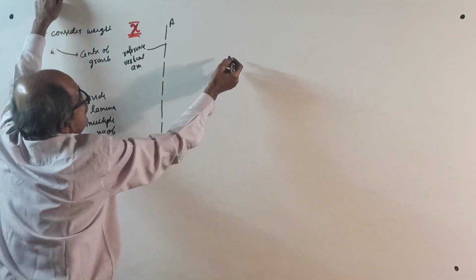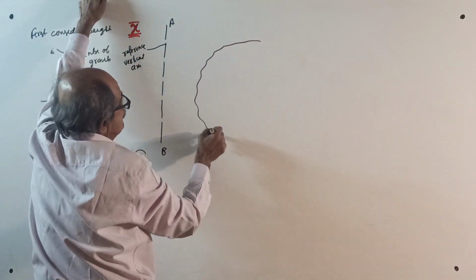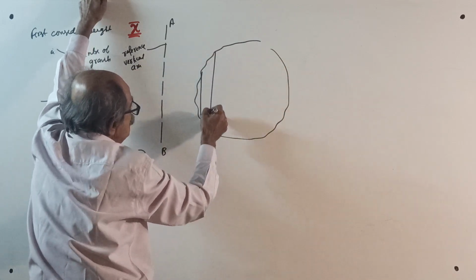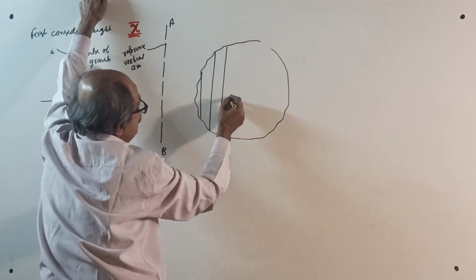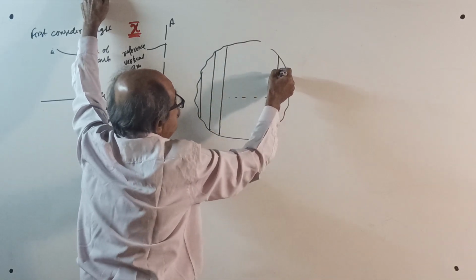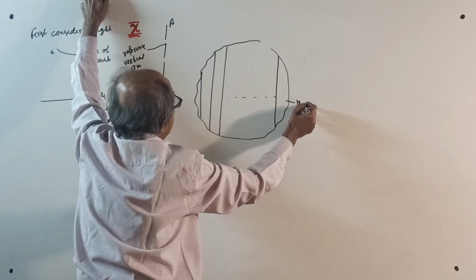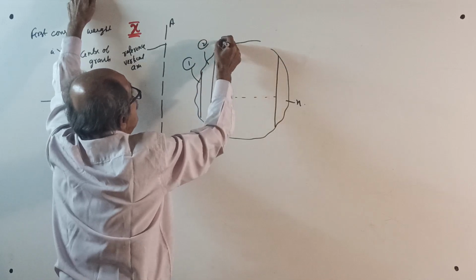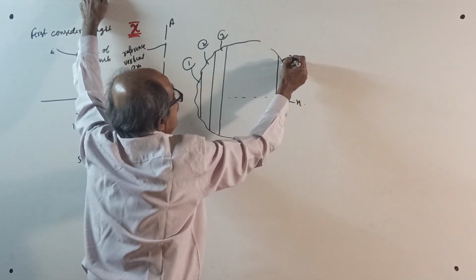Your lamina is here. Divide it into sufficient parts: 1, 2, 3, etc., up to n.